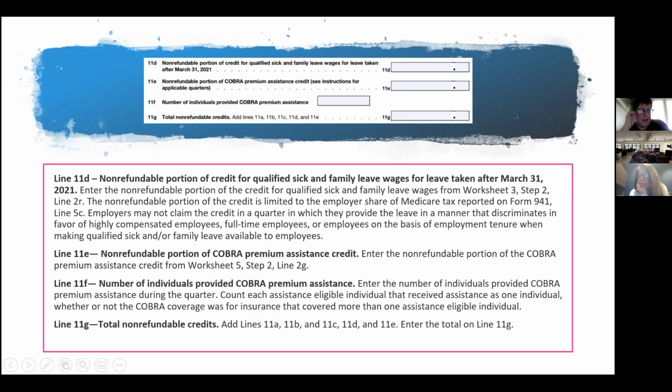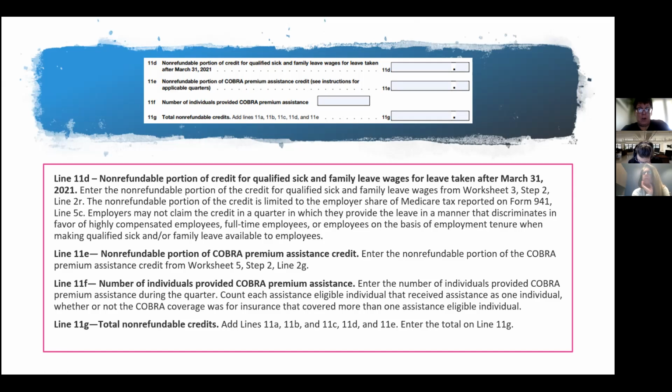The next really fun thing is the COBRA premium assistance. The American Rescue Plan Act gave people who were on COBRA, and lost their coverage or could continue on COBRA, from April 1st to, I believe, September 1st, the benefit that the employer would pay for their COBRA.